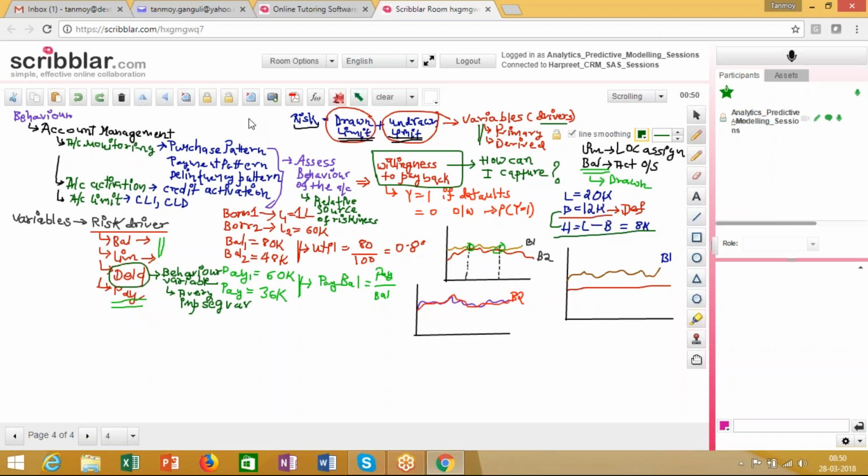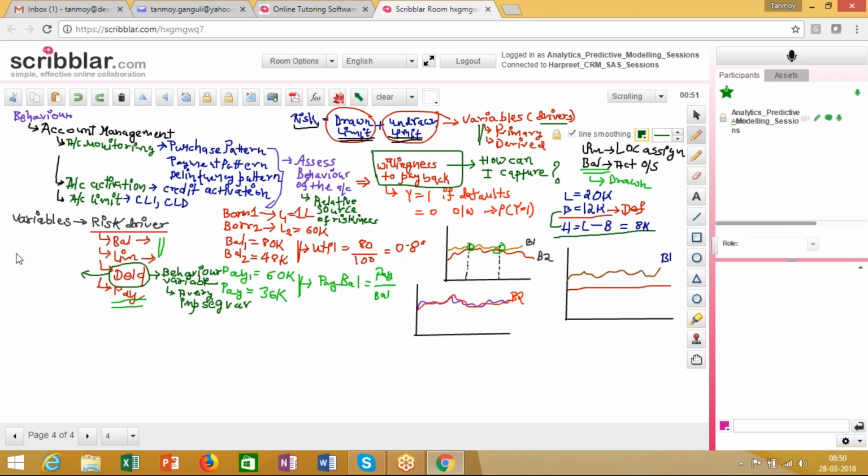So therefore, to capture the riskiness of a borrower, or to identify who has a higher willingness to pay and who has a lower willingness to pay, different kinds of delinquency variables, or variations of delinquency variables, are used to frame an idea.